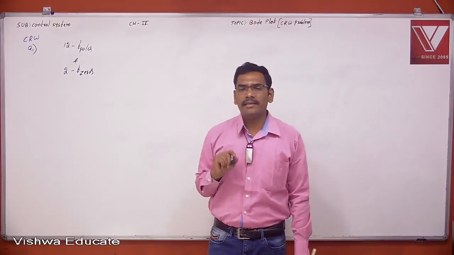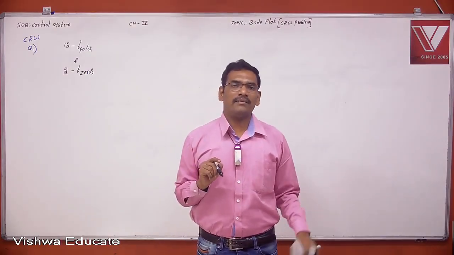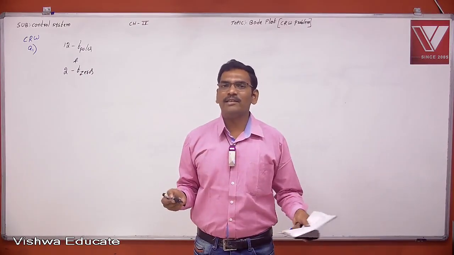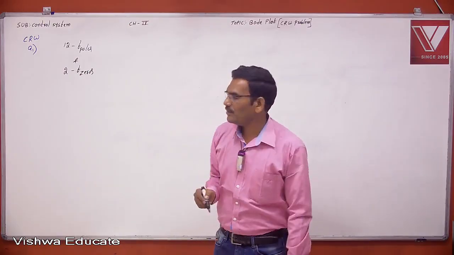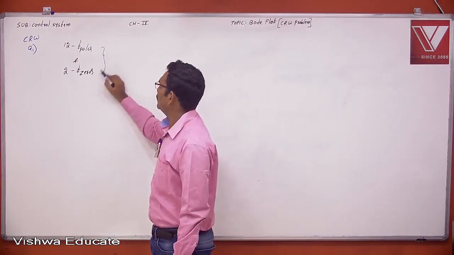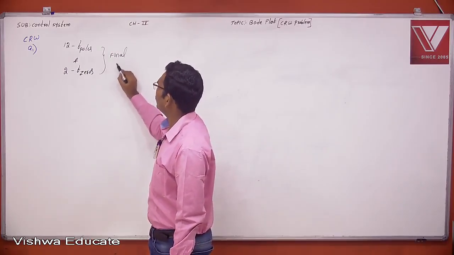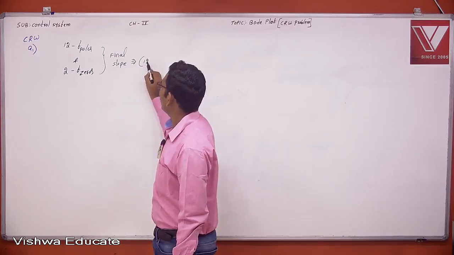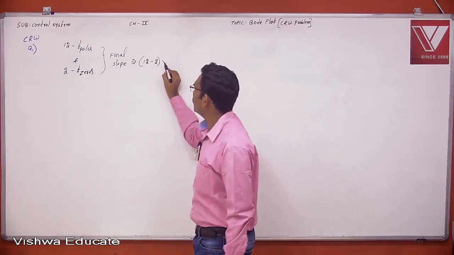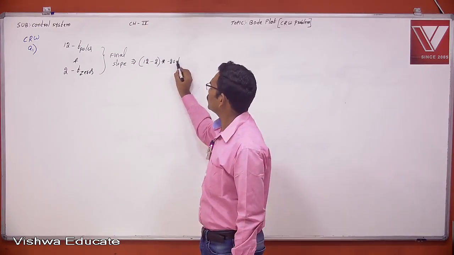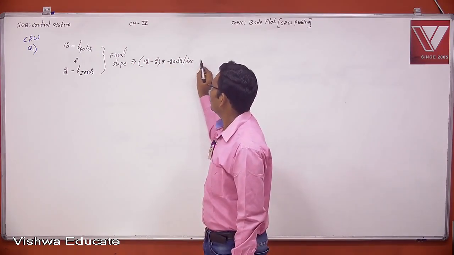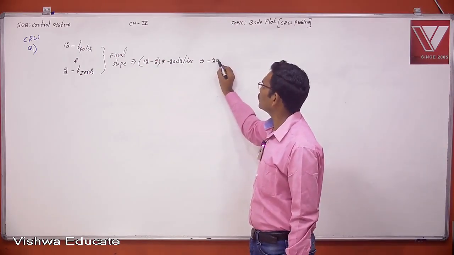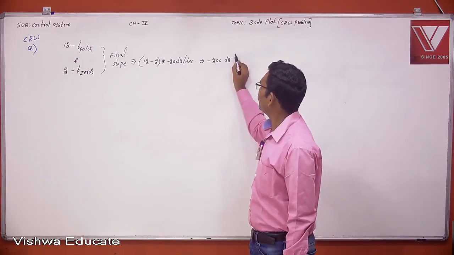Its high frequency means last frequency. Its high frequency Bode magnitude plot slope is nothing but the final slope. So the final slope is 12 finite poles and 2 finite zeros, multiplied by minus 20 dB per decade, which is 12 minus 2, 10, into minus 20, minus 200 dB per decade.